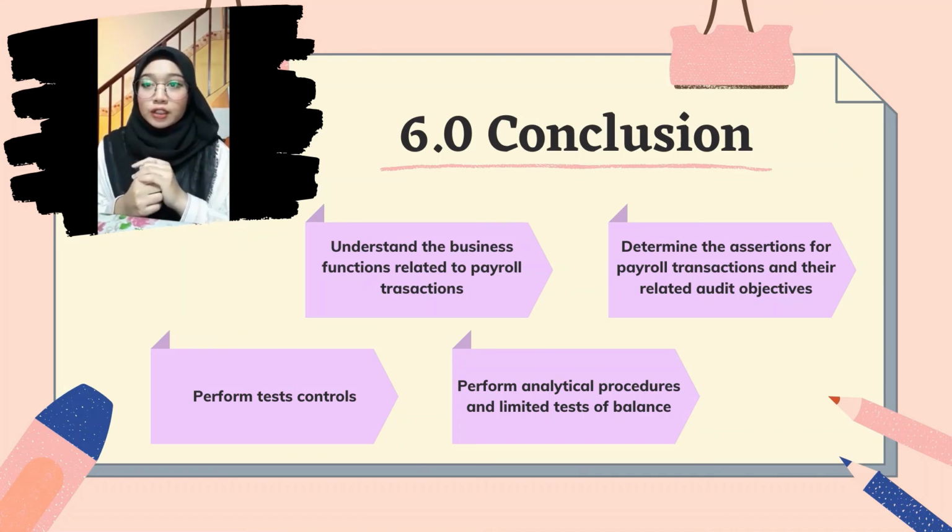Analytical procedures and limited test of balances are performed in stages to achieve sufficient audit evidence that the payroll and its accruals are fairly stated. The primary concern for audit of payroll is overpayment. Thus, the auditor's focus is on tests of controls over accuracy of payroll calculations and payments.